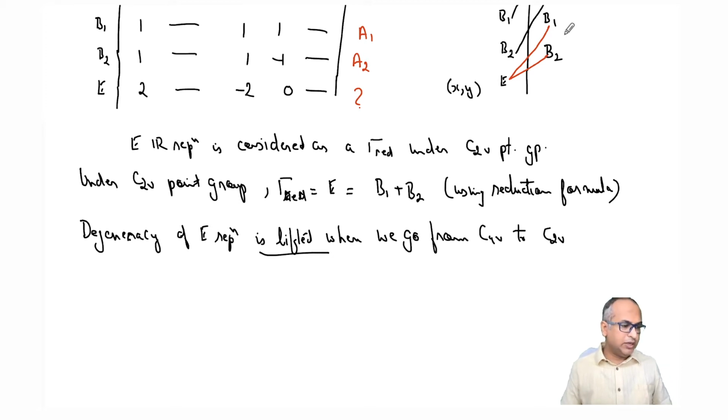Now what happens here in case of C2V point group? So X forms the basis for B1 and Y forms the basis for B2.